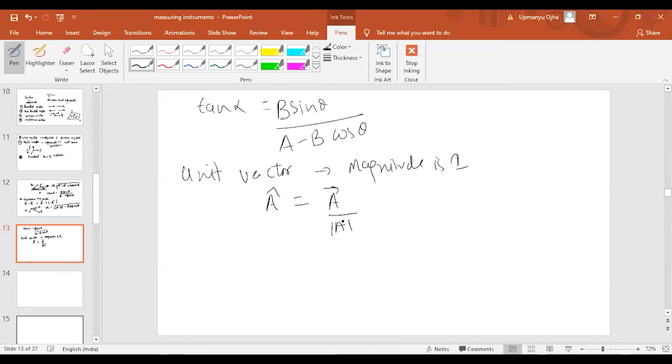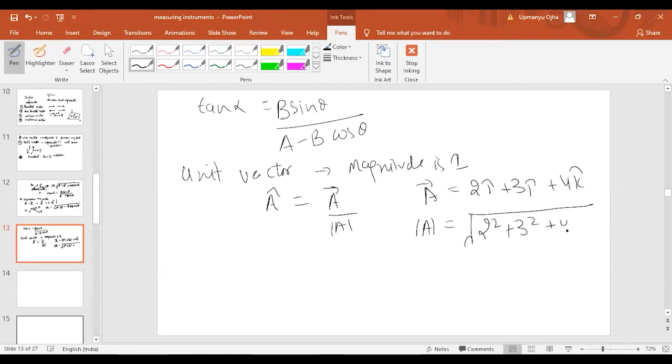So if some vector is given to us, how to find magnitude first of all? Like if some vector a is given to you, whose value is 2i cap plus 3j cap plus 4k cap, and I ask you what is the unit vector of a vector, first of all we need to find the magnitude of a vector. So magnitude of a vector will be equal to square root of 2 square plus 3 square plus 4 square.